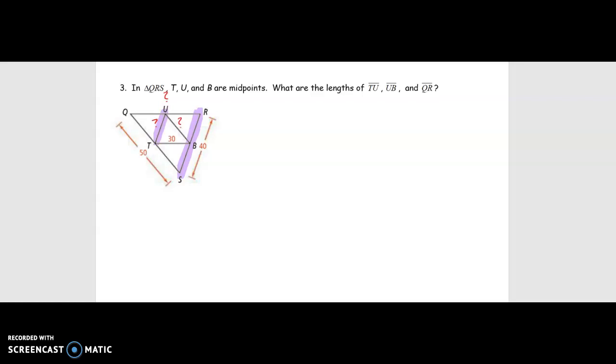So for me to find out what TU is, what I need to remember here is that TU is going to be half of SR. Now SR is 40, and it's made up of doubling TU.